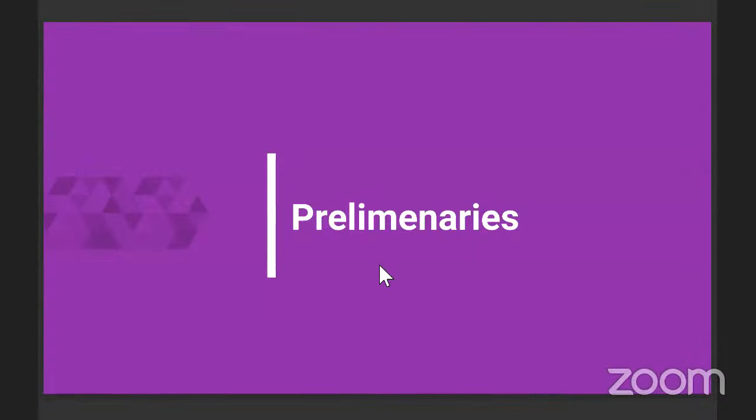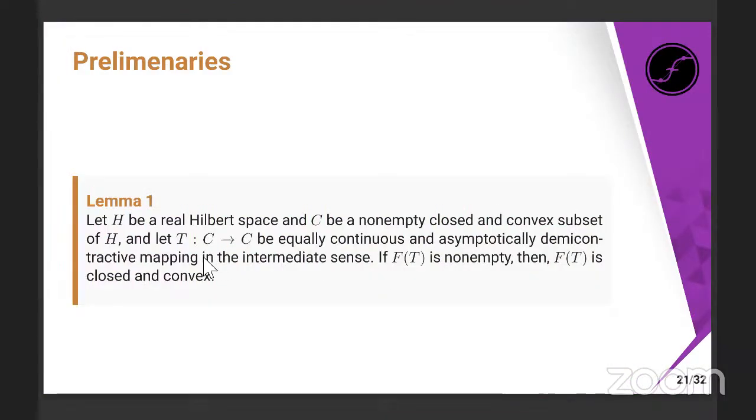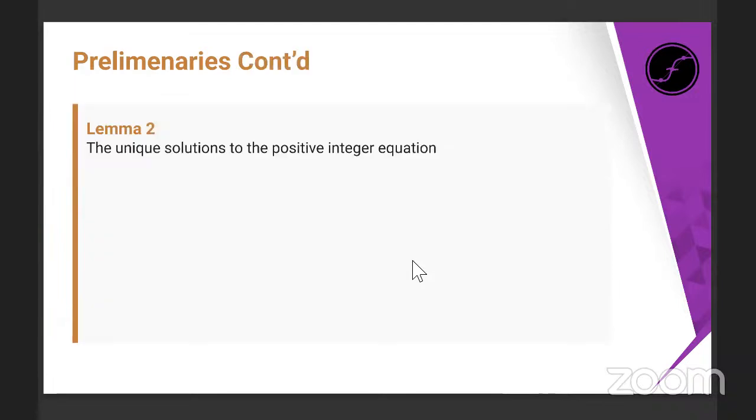The first lemma here is about the convexity and the closedness of the set of fixed points of equicontinuous and asymptotically demi-contractive mappings in the intermediate sense. We applied it in establishing the fact that our scheme is well defined.